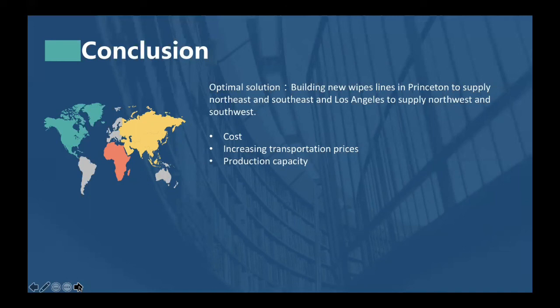WIPES in Princeton supply the Northeast and Southeast. The WIPES line in Los Angeles supplies the Northwest and Southwest. It is a solution that takes into account the cost, increasing transportation prices, and production capacity. We believe it is the most beneficial solution for the company's development.